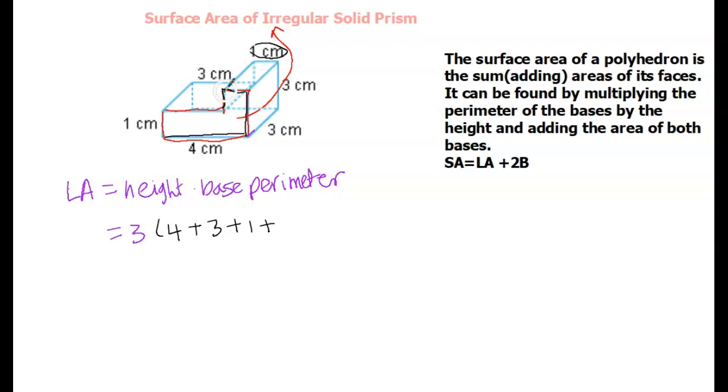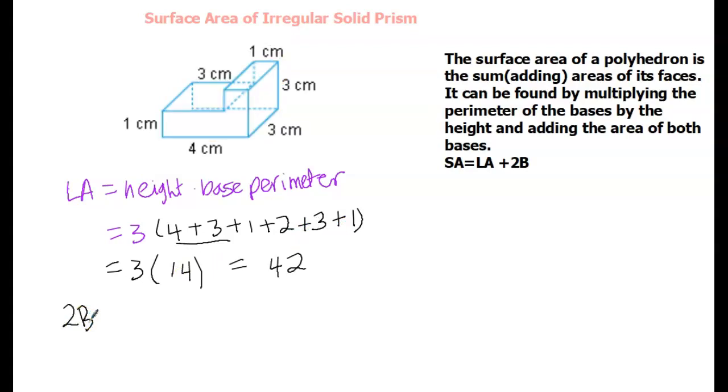For us to know, this side from the bottom to the top is 3, and from here to here is 1. So if we take 1 away from 3, that will give us 2. So plus 2, and from here to here is 3 as this, plus 1. That's it. It's 6 of them: 1, 2, 3, 4, 5, 6. So we got 3 times, this is 7, 3, and 7, so 14. That gives us 42.